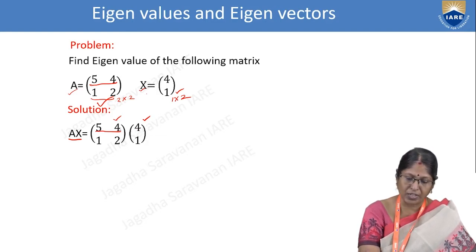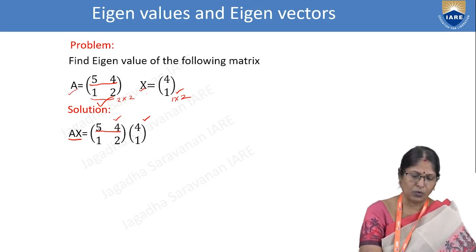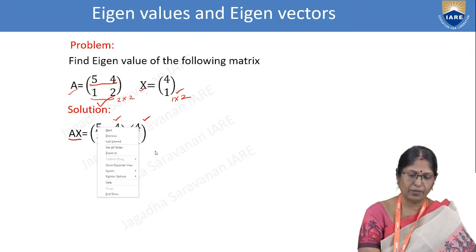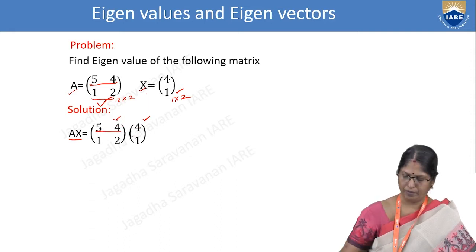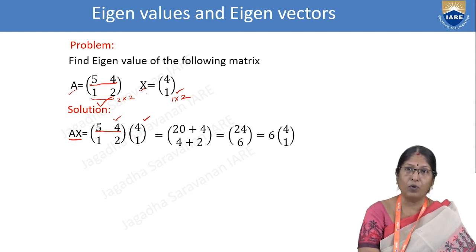So 5 into 4 plus 4 into 1, we got it. Next, 1 into 4 plus 2 into 1.